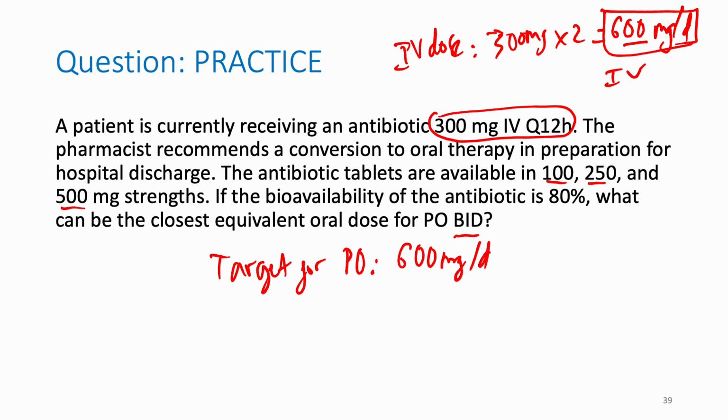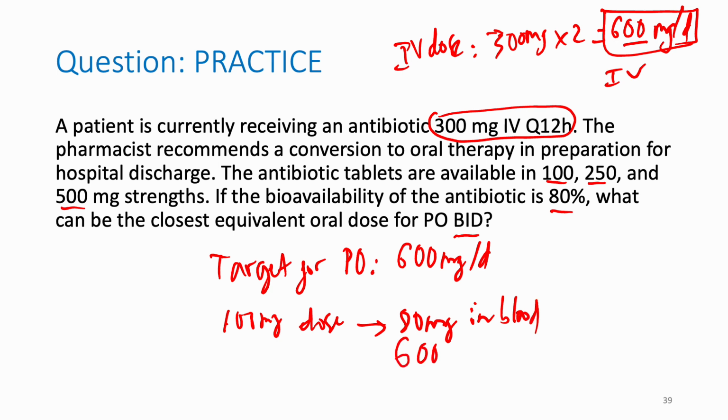And remember the drug has 80% bioavailability, so in this case you need to account for 80%. That means if you have 100 milligram of dose, only 80 milligram of drug appears in the blood. Now you want 600 milligram of the drug in the blood.